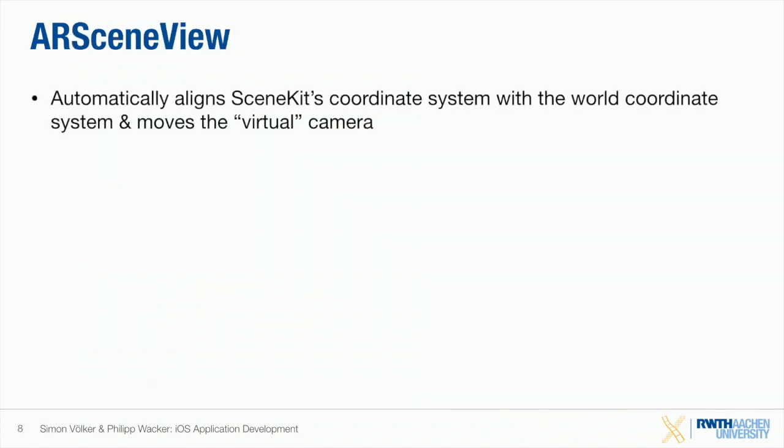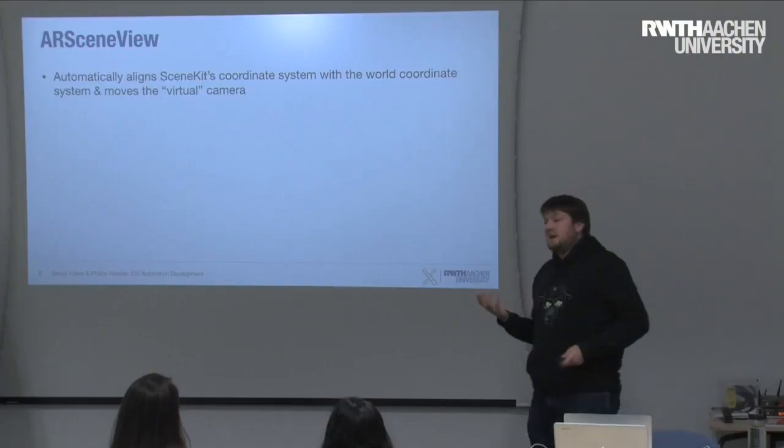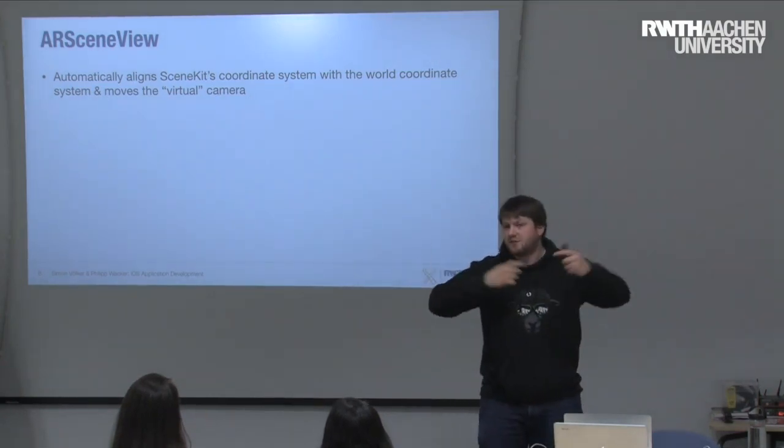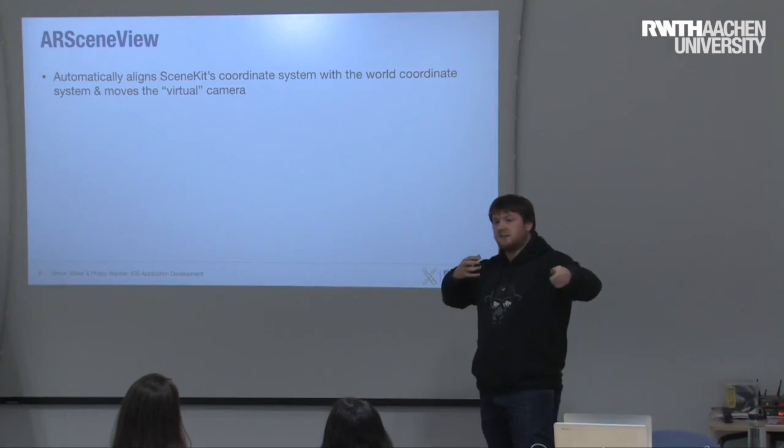So getting a little bit deeper into the scene view, one advantage of using a dedicated ARSCNView is that the coordinate systems of both ARKit and SceneKit are directly aligned, meaning that if I place an object, I don't need to transform between different coordinate systems.